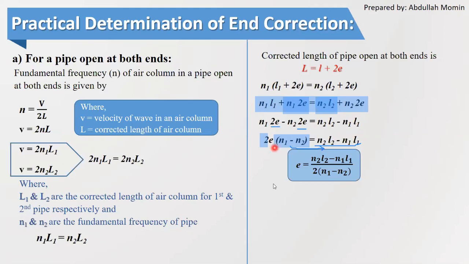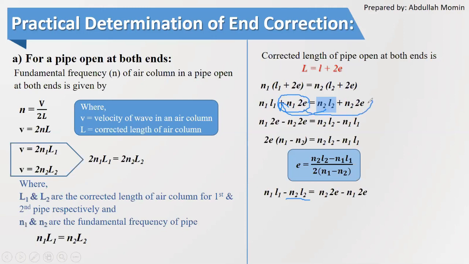So now in our equation, we are going to take this N2 L2 to the other side of the equal sign, and when it comes to the other side, we write it with minus N2 L2, and this plus N1 2E, when it goes to the other side of the equation, is written as minus N1 2E.